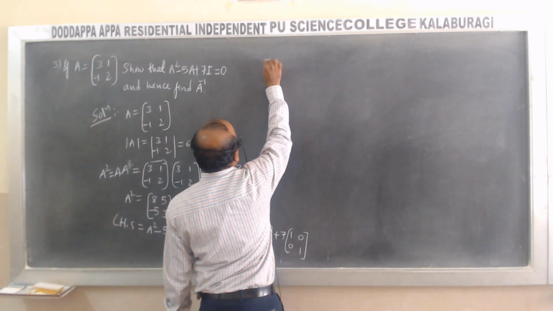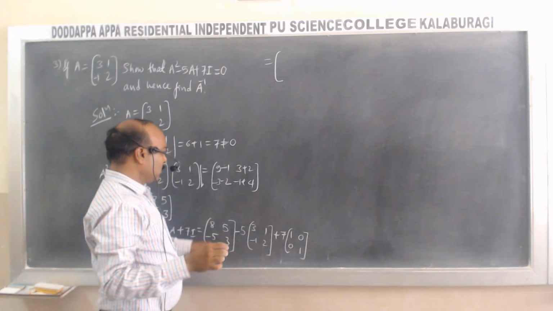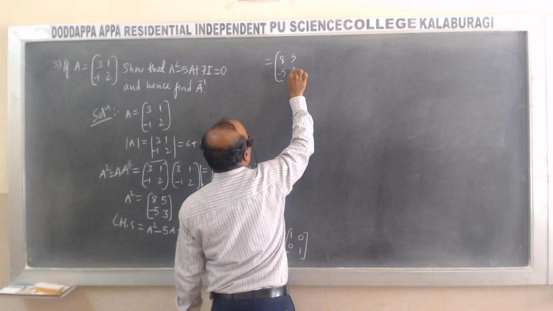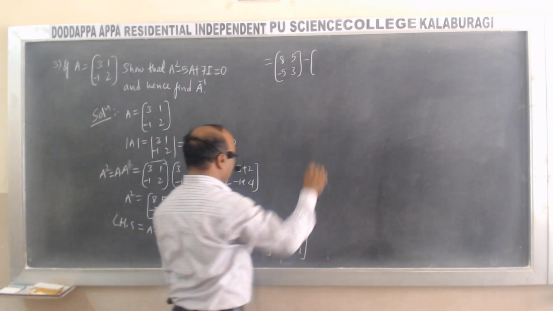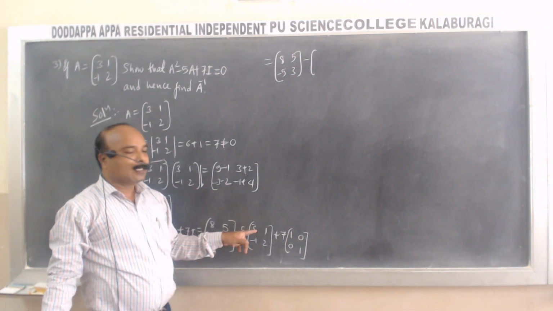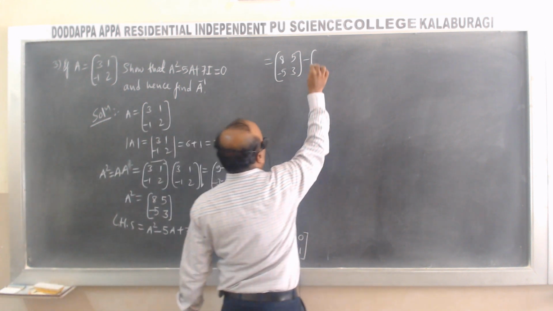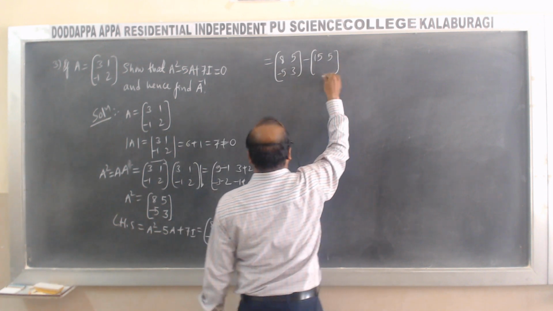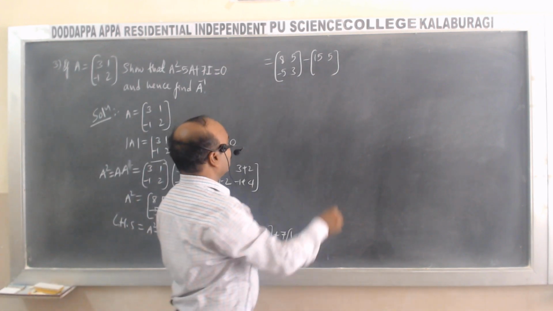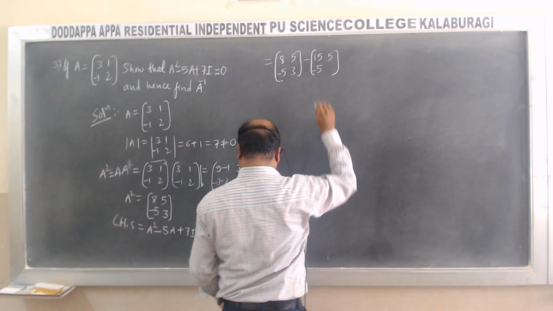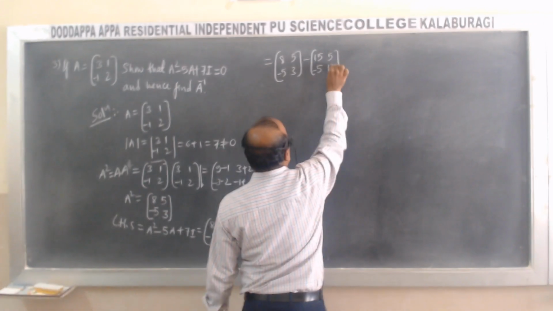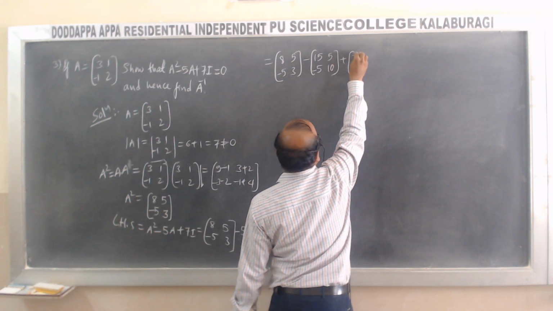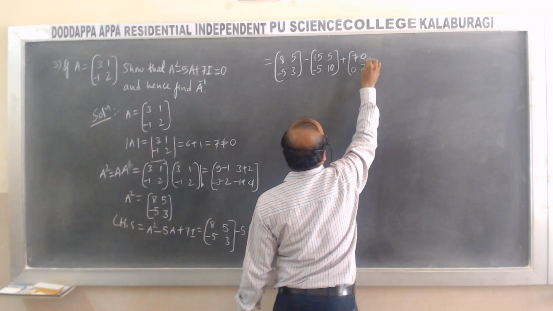It is equal to first 8 5 minus 5 3 as it is, minus you make scalar multiplication here, multiplying every element by 5. 5 3 is 15, 5 1 is 5. Next 5 into minus 1 is minus 5, 5 into 2 is 10. Next plus here also scalar multiplication. It is 7 0 0 7.